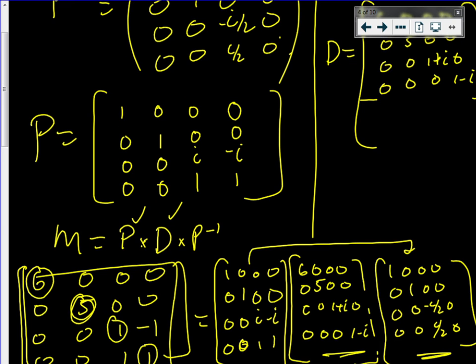Okay, that third row by the third column. Yeah, that gives you 1.